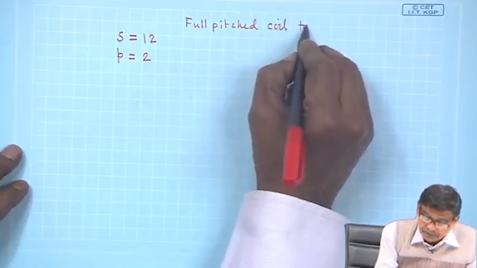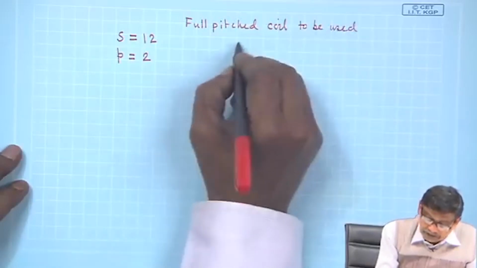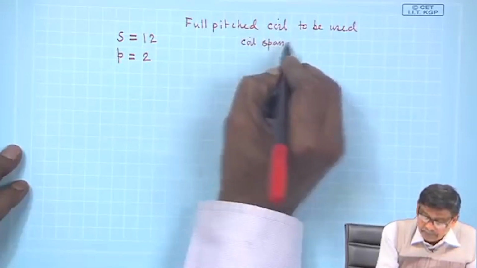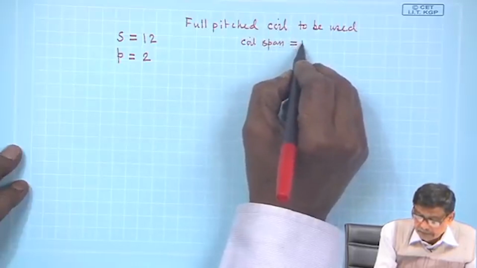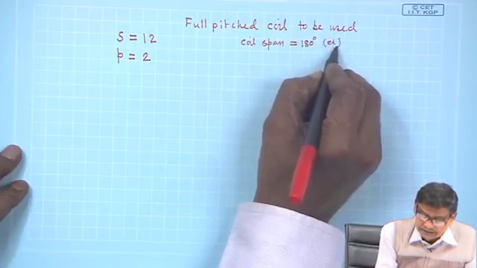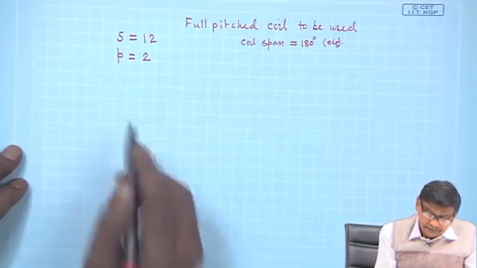Full pitched coil to be used, which means that the coil span is equal to 180 degree. Electrical, obviously electrical. So, how to calculate this angle?